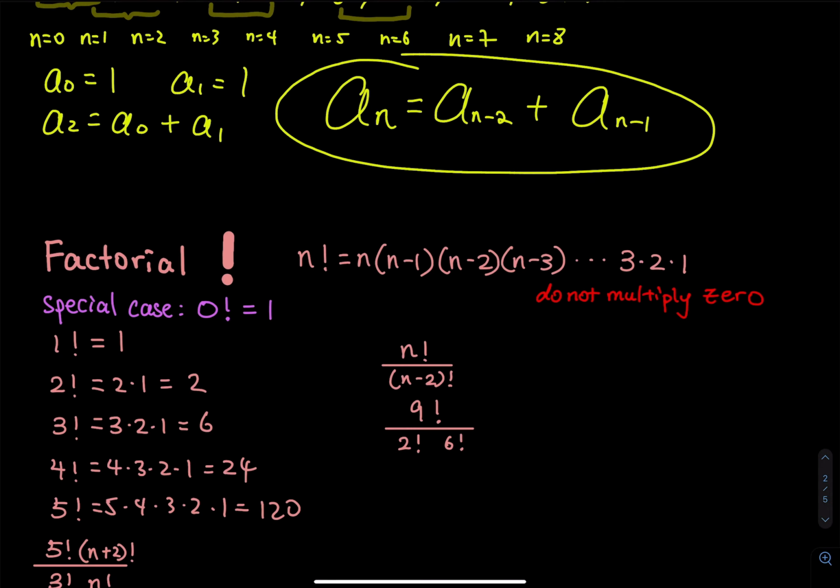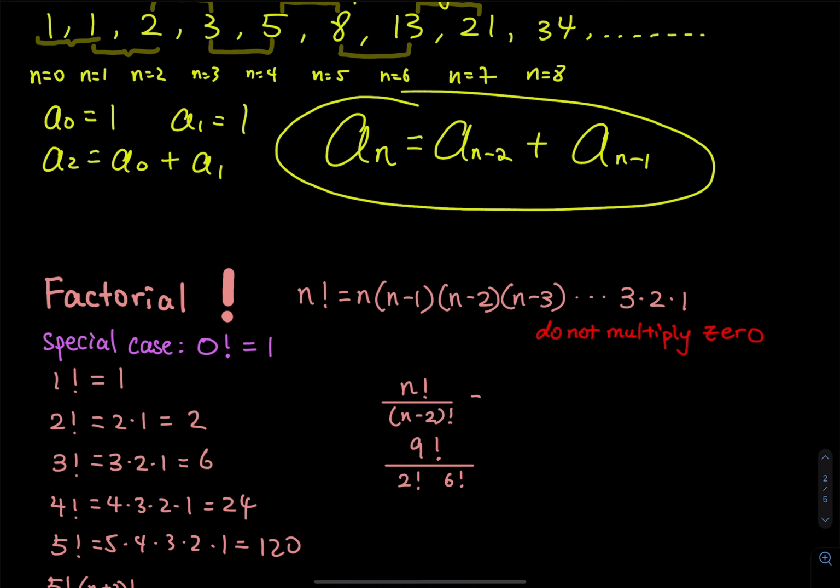How about this: n factorial divided by n minus 2 factorial? So this one will be what? Let's look at the top. That will be n times 1 smaller than that, which is n minus 1, 1 smaller than that, n minus 1 minus 1, then that will be n minus 2. So as we keep on going, we will have n minus 3 and then n minus 4, right? But do you see that in the denominator, we have n minus 2 factorial?